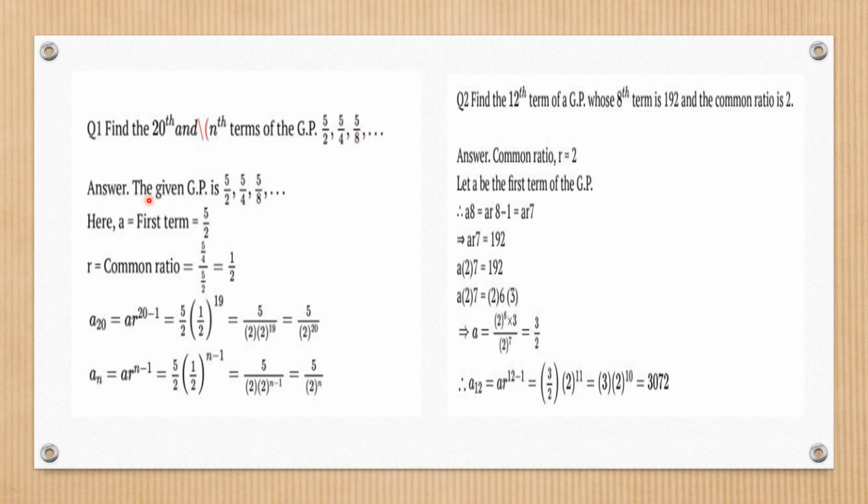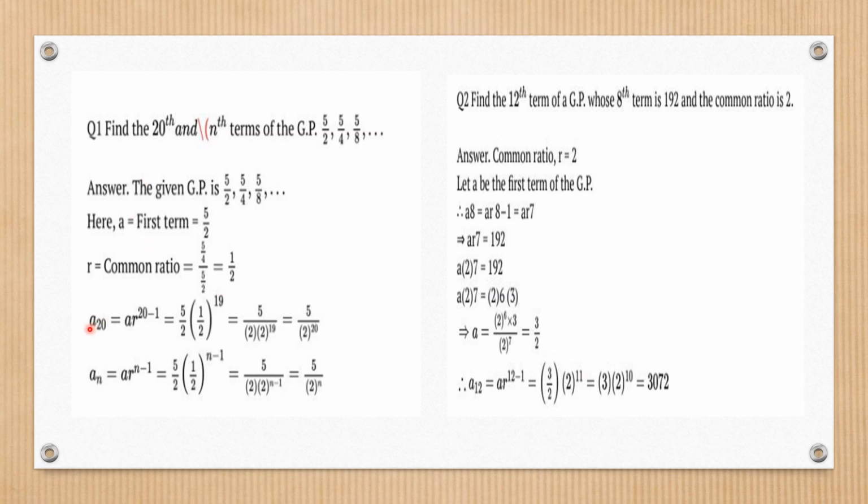So hence it is a GP with first term A as 5 by 2. You can check the common ratio by the multiplying factor, or by dividing every term with its previous term: 5 by 4 divided by 5 by 2 will give you half. It's better to check by which number it is getting multiplied. So your common ratio is half.